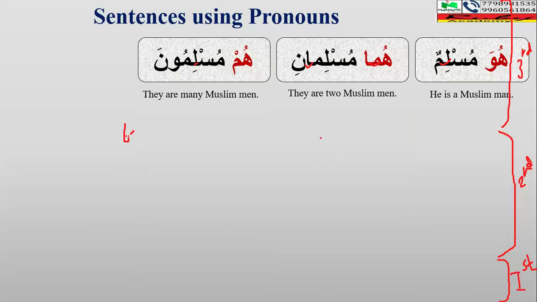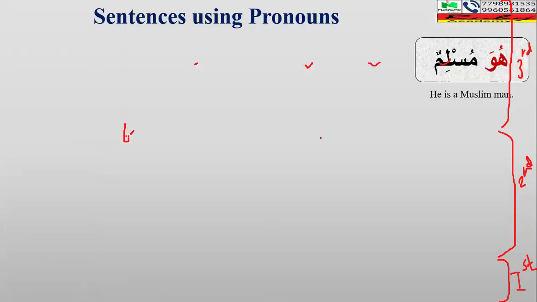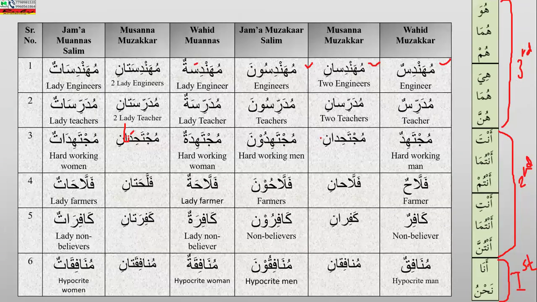See here, musanna. Okay, sister, jazakallah. Okay, wait. Now let's take the next one for ana and nahnu. Fahimun nisa.